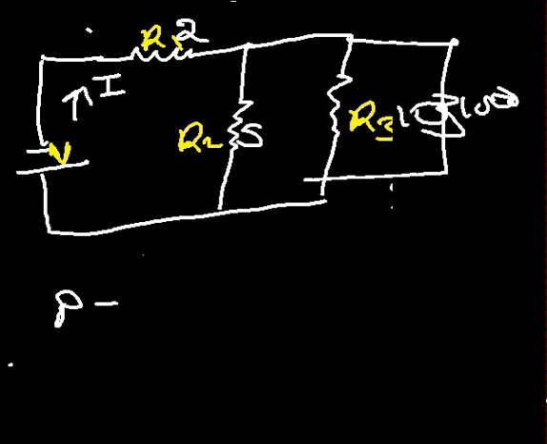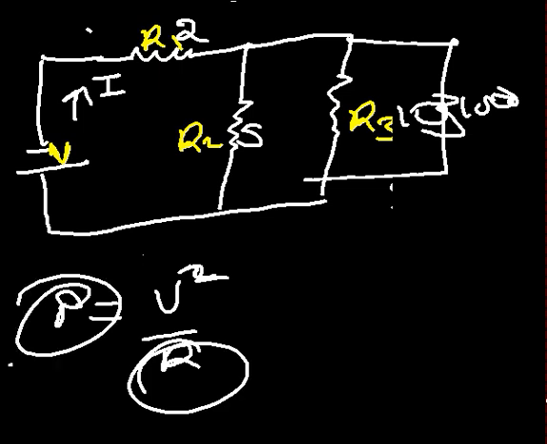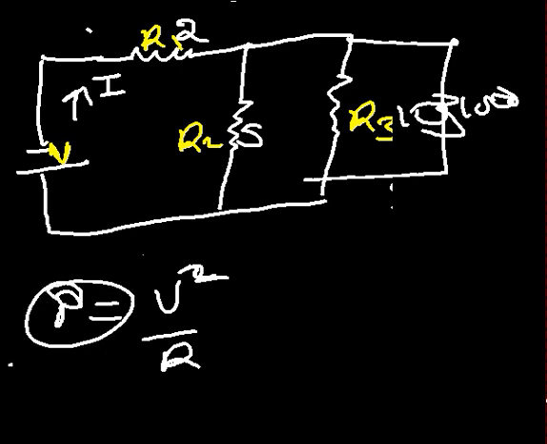We have the formula for power, which is given as V squared over R. Power and resistance are inversely proportional: if we increase the resistance, the power decreases. If the resistance decreases, the power increases.